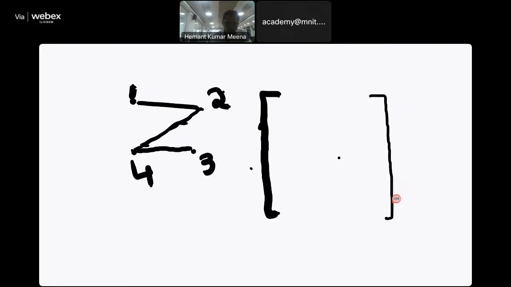So see, 16 values will be there. So can you tell what will be the first value here?